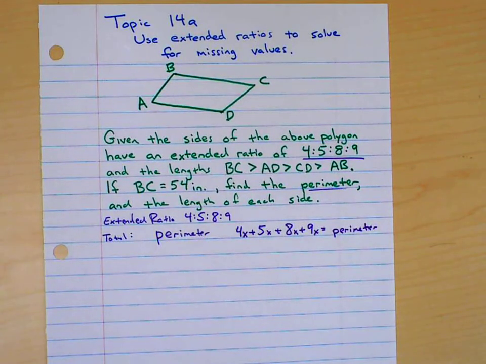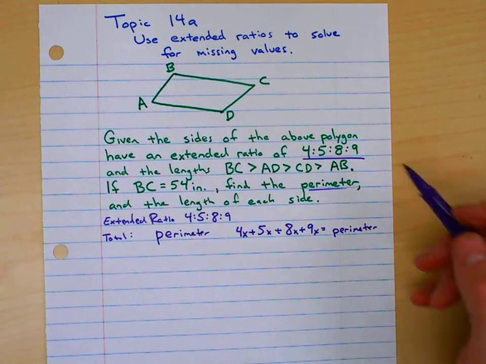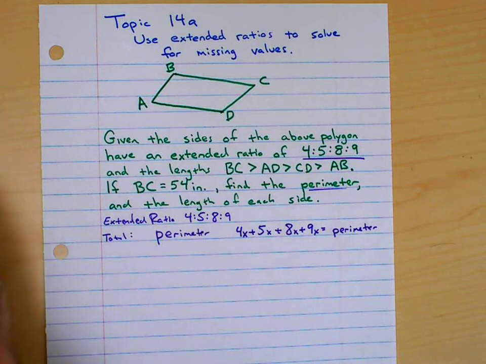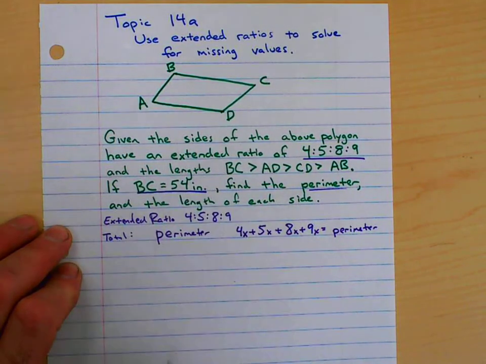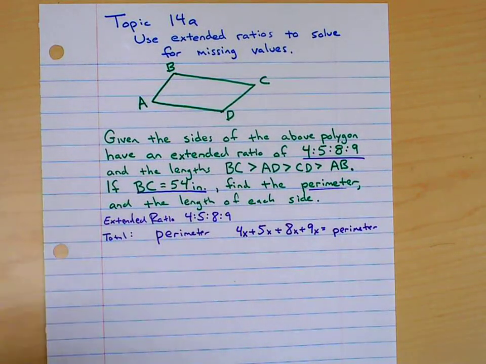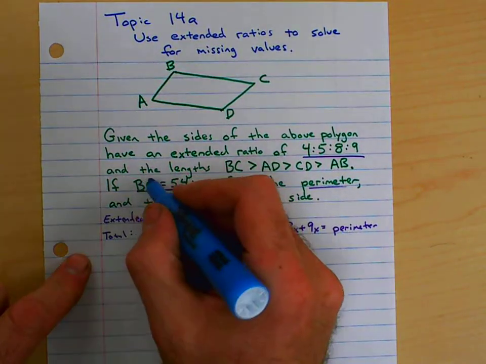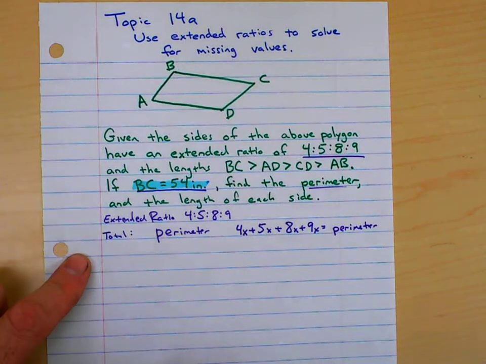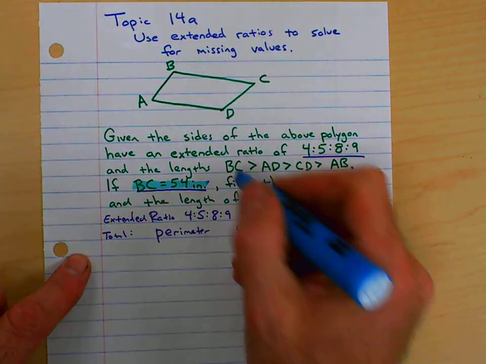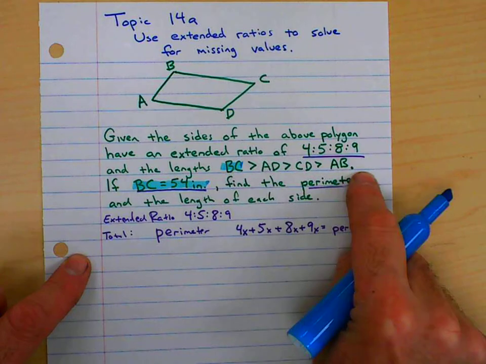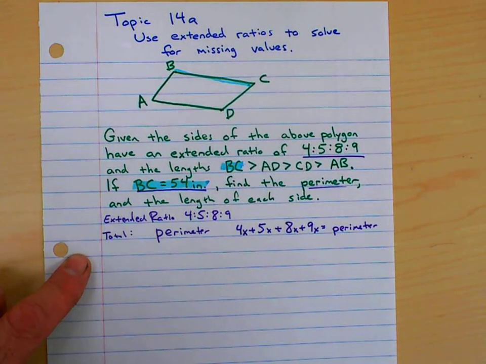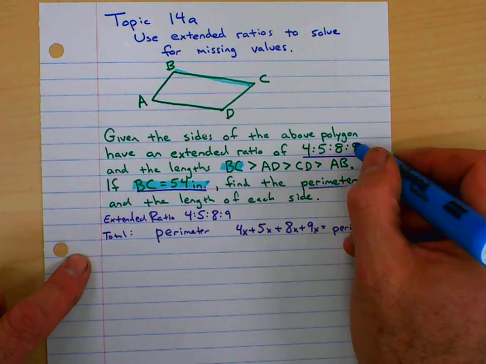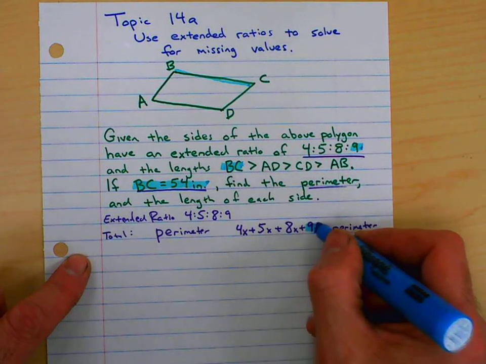And we're sort of stuck. So we look back up at our information, and our next step is to take note of the fact that they told us what BC was. BC is 54. Well, if BC is 54, and BC happens to be greater than any of the other ones, it's the greatest one, so that's going to be the 9x.